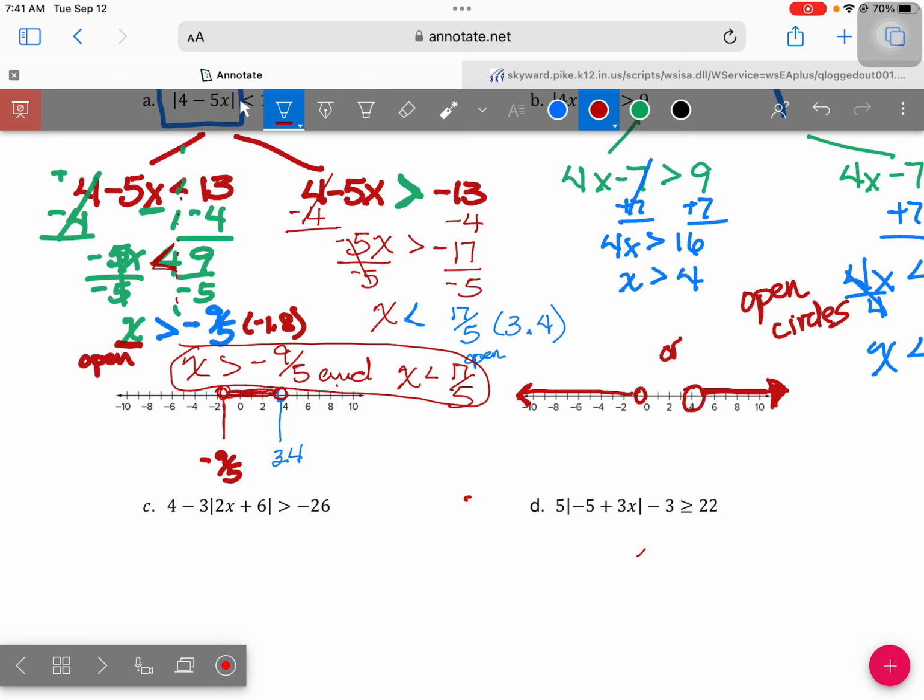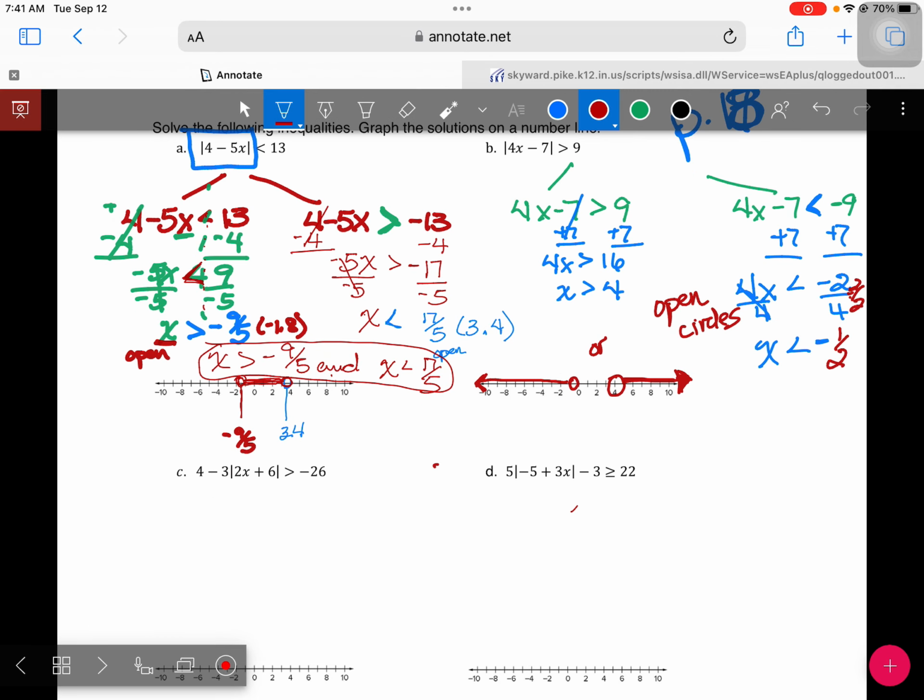Okay. Yes. Do we only flip the sign when like both numbers are negative? Say that again. Do we flip the sign when both numbers are negative? Are you talking about up here at the top? Like at the bottom here. At the bottom.